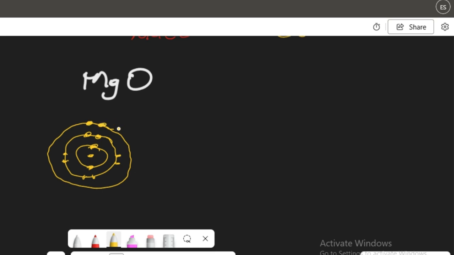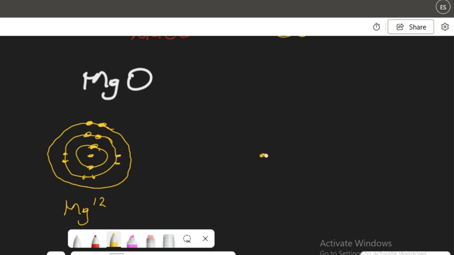So if you count the number of electrons now, 1 2 3 4 5 6 7 8 9 10 11, 12. So this is a magnesium atom. Now let's go to oxygen. Now here is magnesium. It has 12 electrons, and here is oxygen.